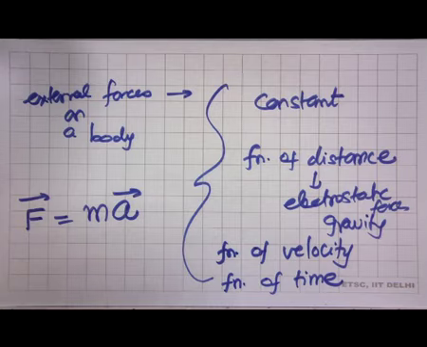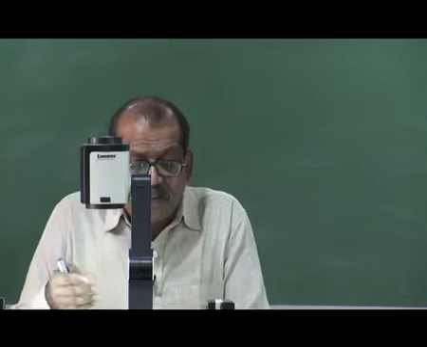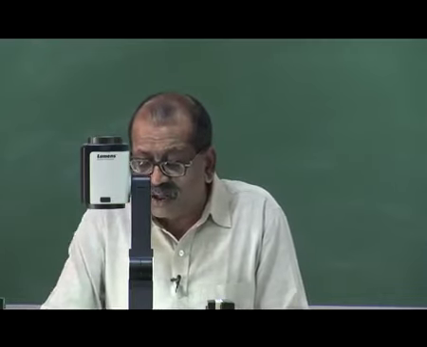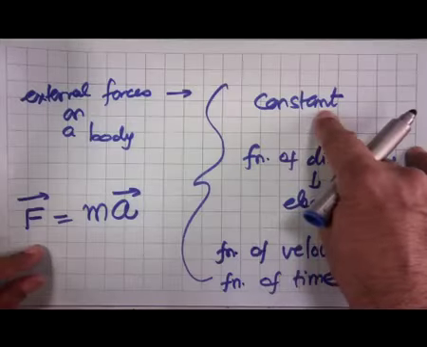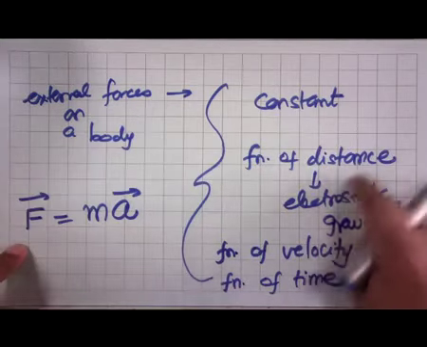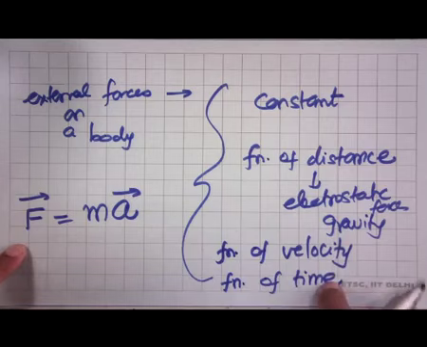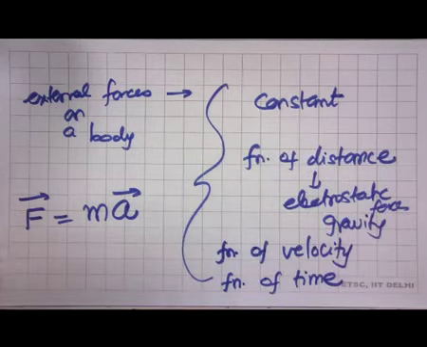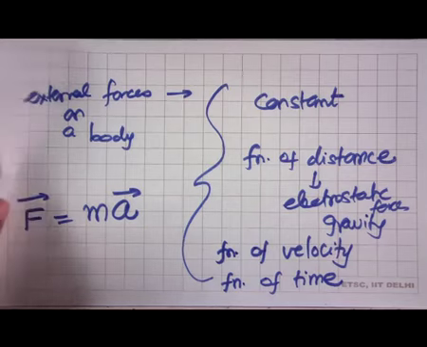And these details we will see as we come to different types of forces. And what we will also realize is that if we develop special techniques for when the force is a function of distance, velocity, or time, then the constant force could be used in all these techniques. And this we will show.